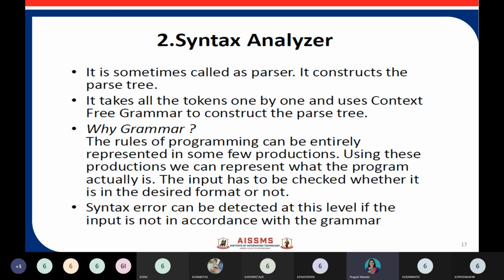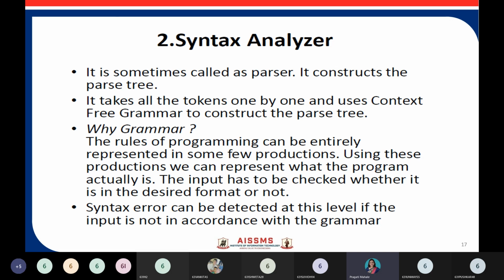This can be easily represented using a parse tree, because a parse tree considers the operators and the symbols, and we can represent those operations easily with the parse tree, or using the grammar in the form of productions, right? So using the productions, we can represent what the program actually is. We have seen so many examples in TOC, right?